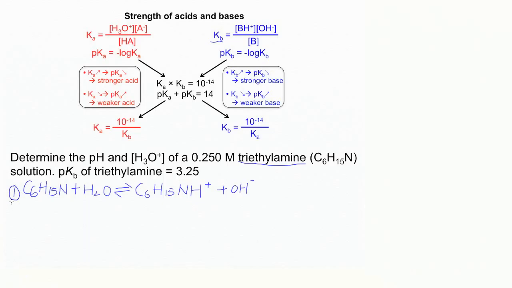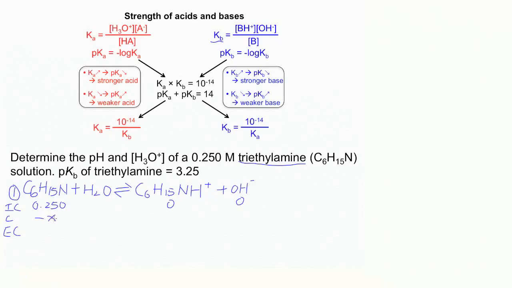Now, based on this equation, you can start the construction of the IC chart: initial concentration, change, and equilibrium concentration. Initial concentration for triethylamine is 0.250. Initial concentration for the two products is 0 and 0.